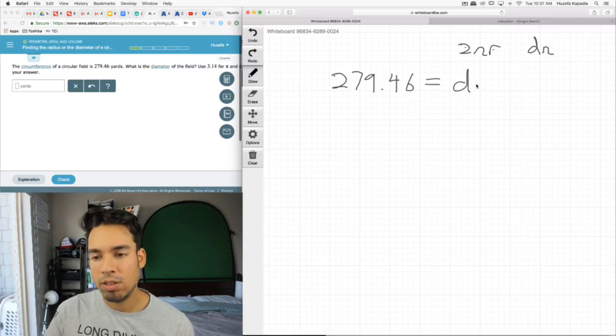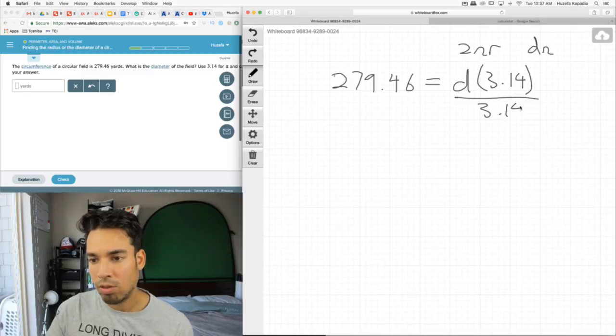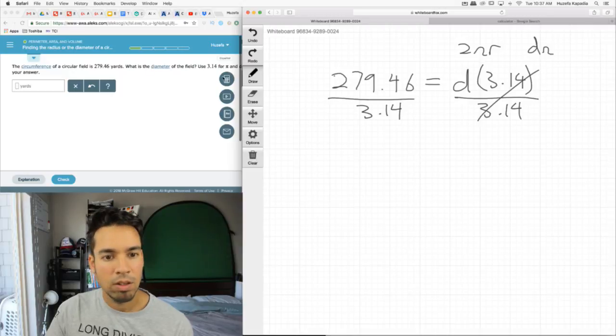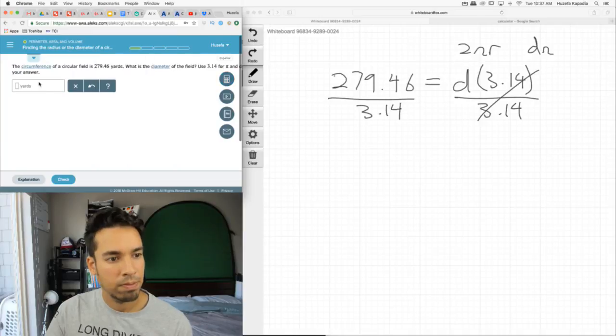So diameter times pi, but they want us to use 3.14 for pi. This is a nice, simple one to solve. We just divide both sides by 3.14. So we have 279.46 divided by 3.14. 89.